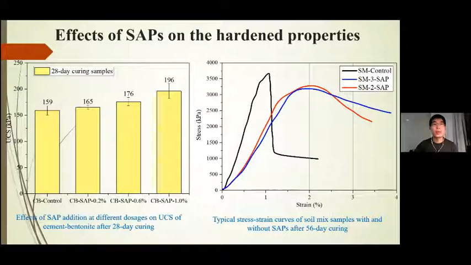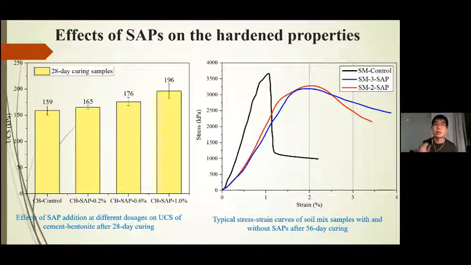We also examined the effects of SAPs on the hardened properties of cement bentonite, basically the strength and the stress-strain relationship. For the strength, we can see that because the addition of SAP can slightly decrease the water to cement ratio, it can increase the UCS values.